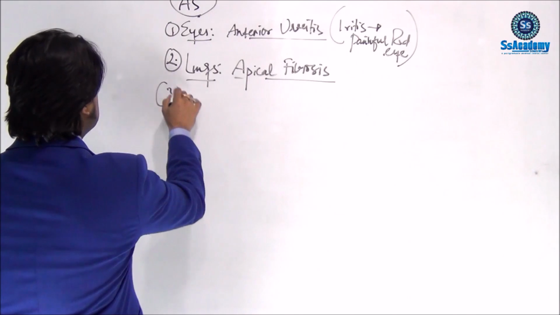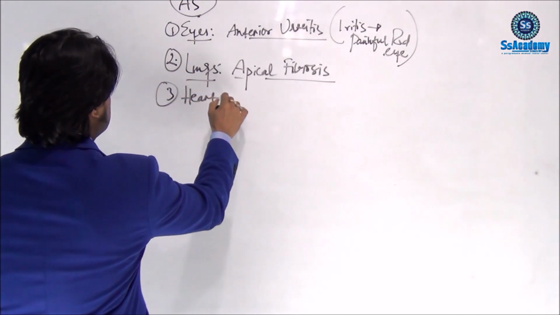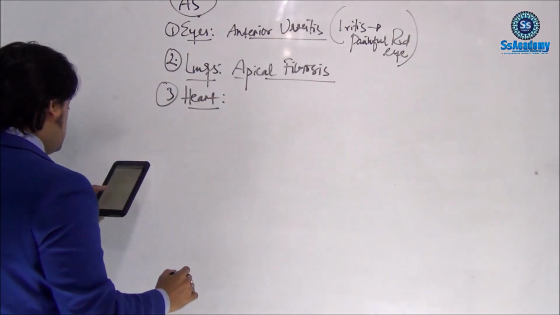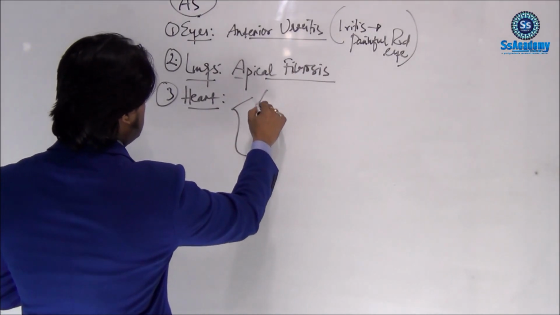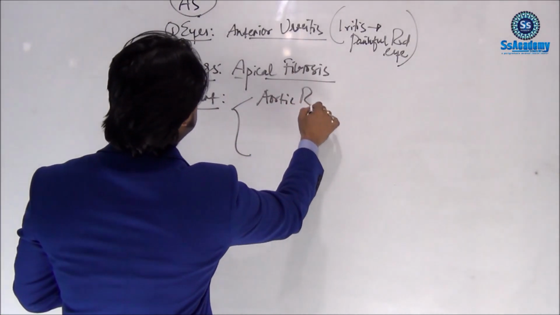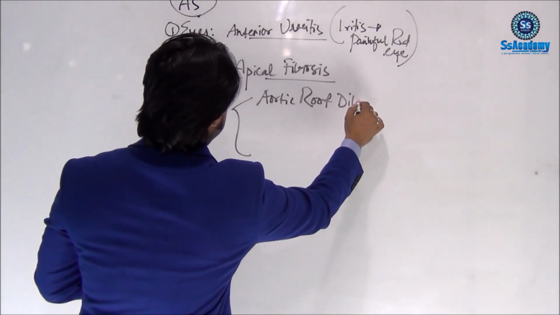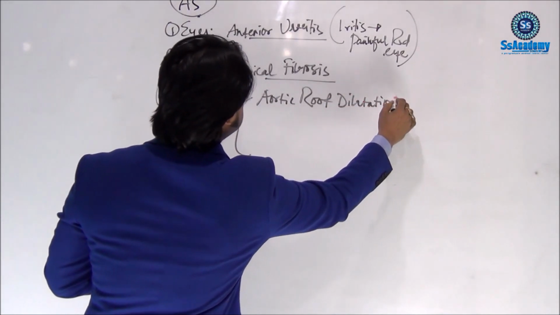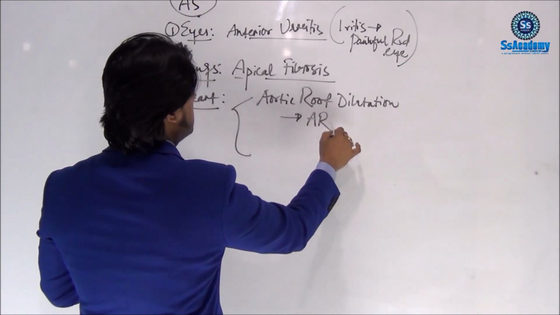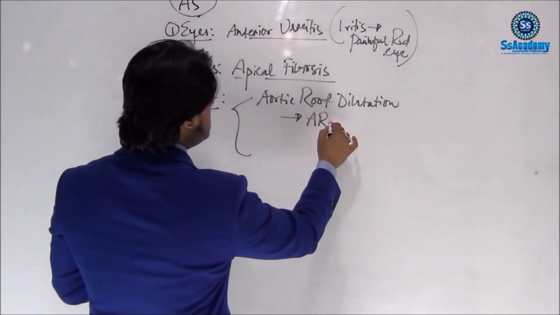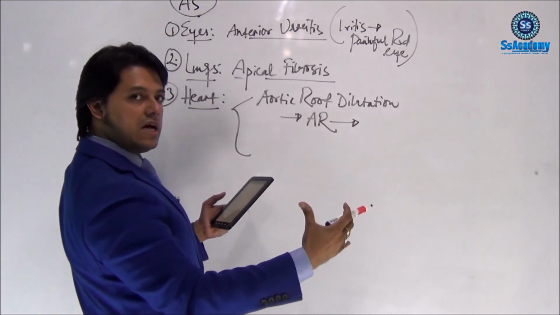Next point, number three, is the heart. In the heart, how will A be helpful? We can write aortic root dilatation. This aortic root dilatation will lead to aortic regurgitation. Aortic regurgitation, then more and more dilatation.